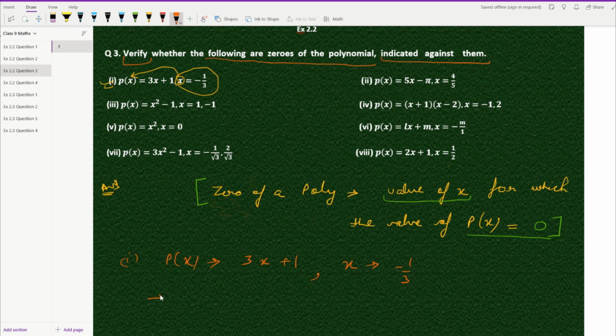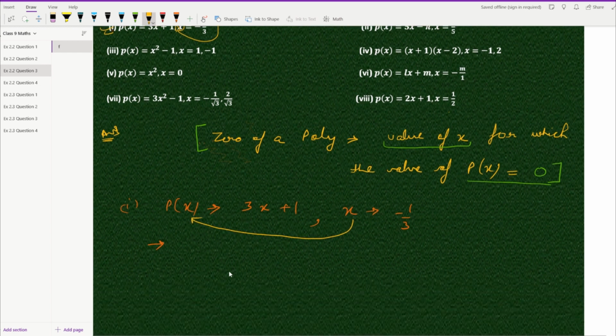So we have to do one very simple thing: just replace this value of x in this polynomial. As soon as we replace this value of x here, it will become p(minus 1 upon 3). This x has been replaced by minus 1 upon 3.